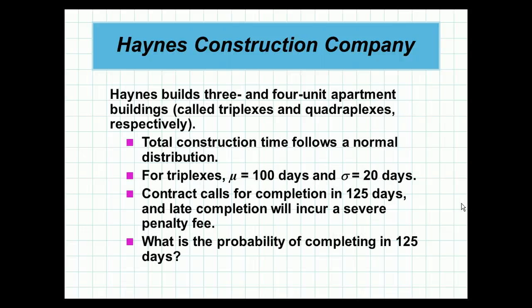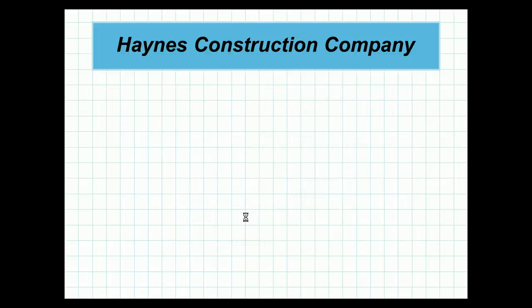Here's an example we're going to work through from the text. This company is a construction company, and they're supposed to complete a contract in 125 days or incur a penalty. What they want to know is the probability of completing this project in 125 days. This is the type of problem you could solve using the normal distribution.